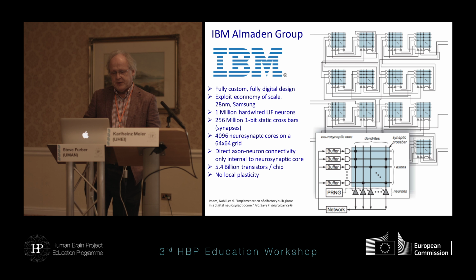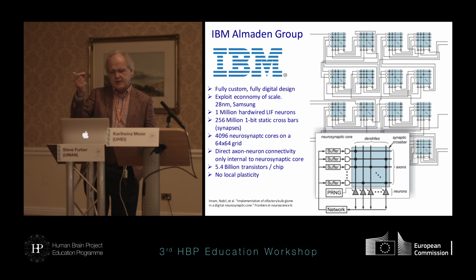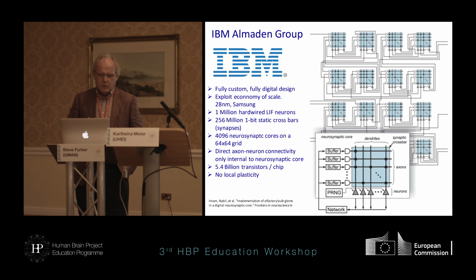And the IBM chip is a very aggressive digital design. It's done on 28 nanometer process technology. They get 1 million hardwired LIF neurons on a chip. Each of those neurons has 256 inputs. The inputs are arranged in a crossbar, and basically you have a single bit, a binary bit, to connect or not connect, with some global scaling on each row of the crossbar.